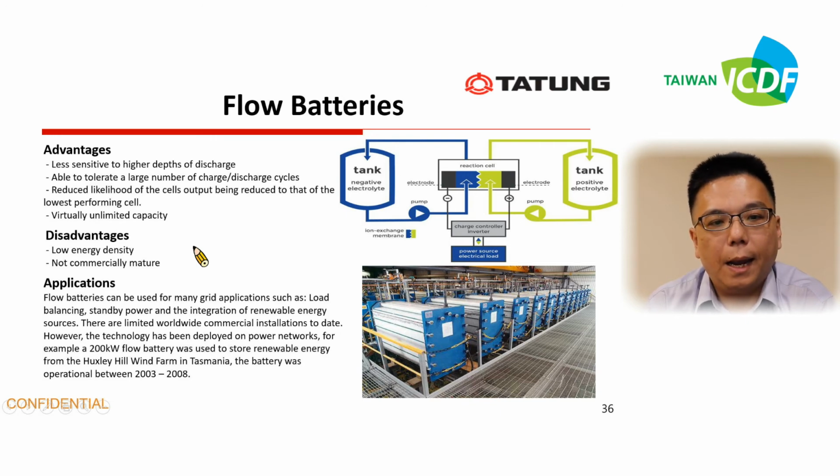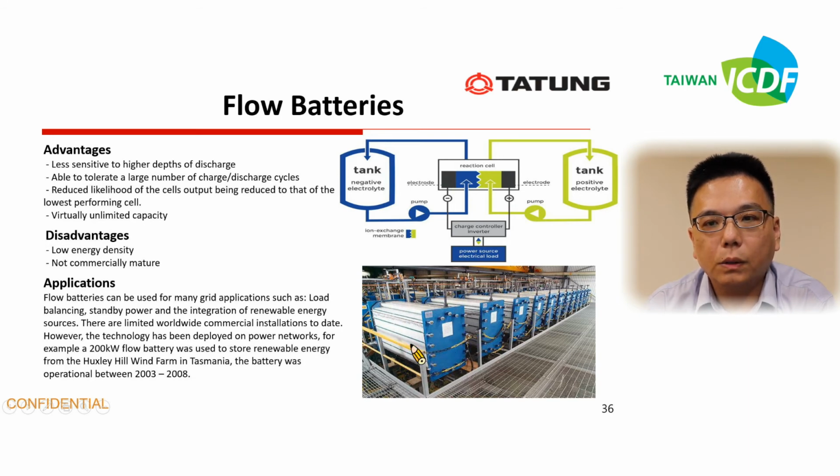However, the technology has been deployed on the power network. For example, a 200 kilowatt flow battery was used to store renewable energy from a wind farm, and the battery was operated between 2003 and 2008.